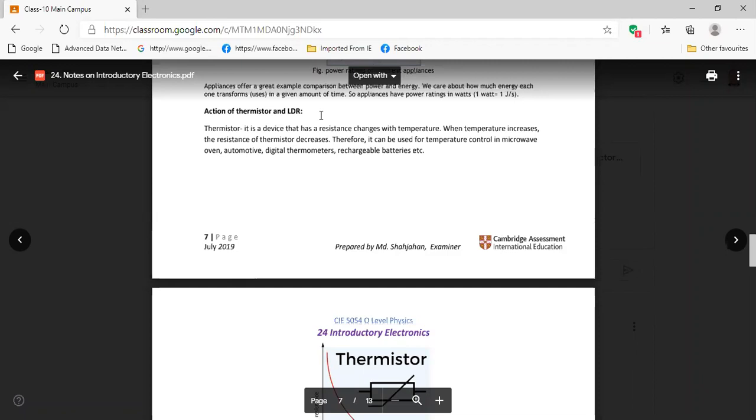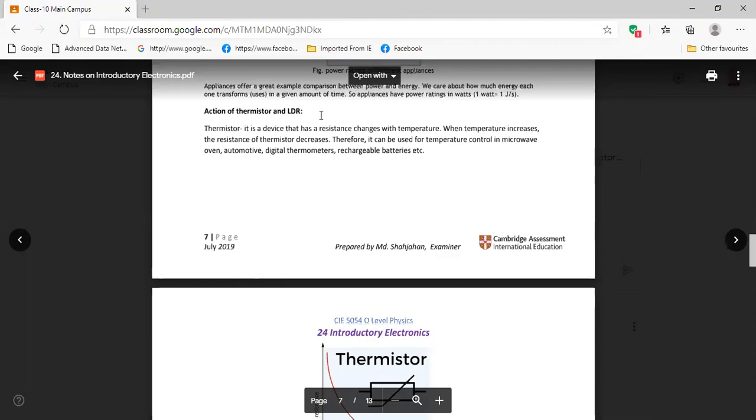Sir, thermistor's resistance increases with temperature. Sorry, resistance decreases with temperature. Yes, both for thermistor and LDR it is decreasing, right?